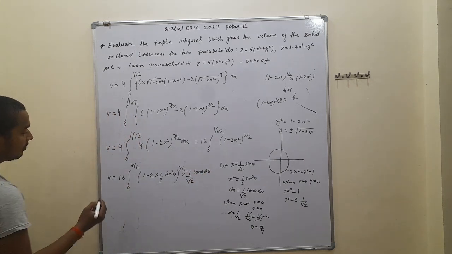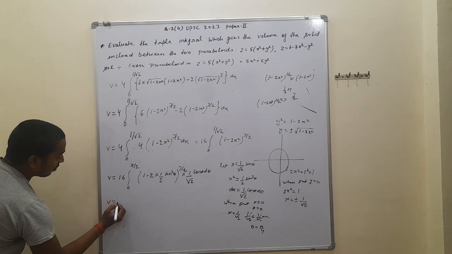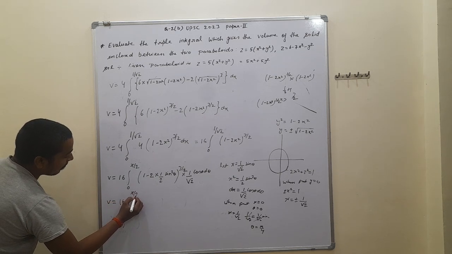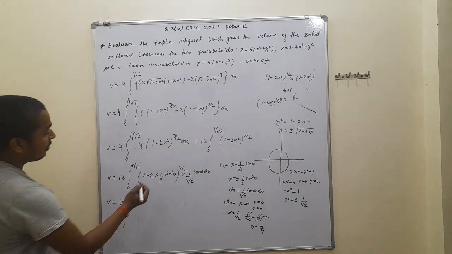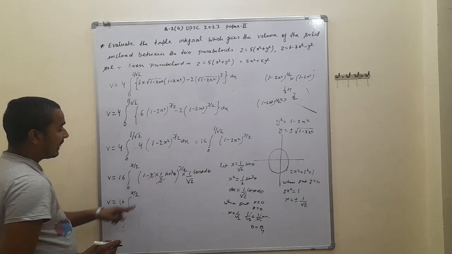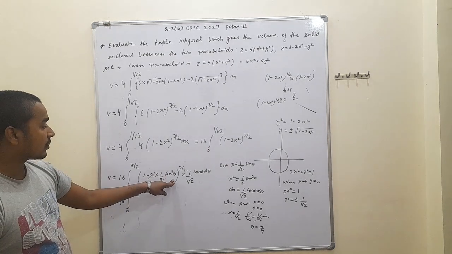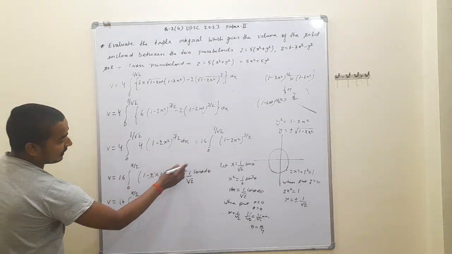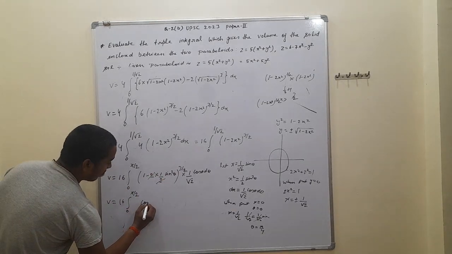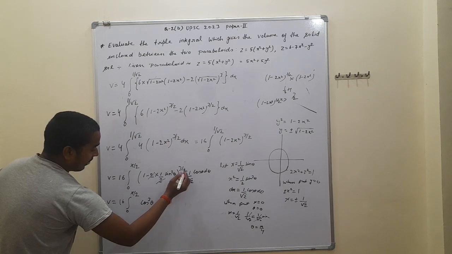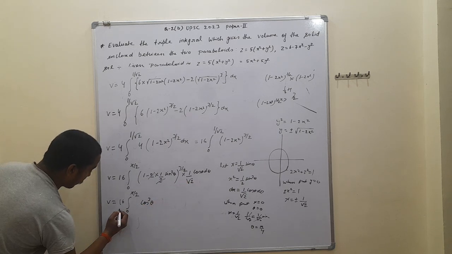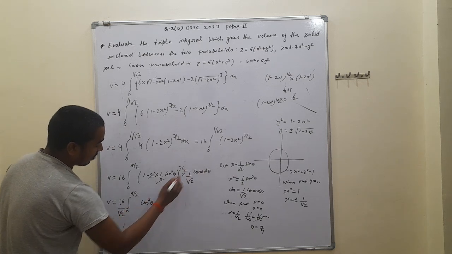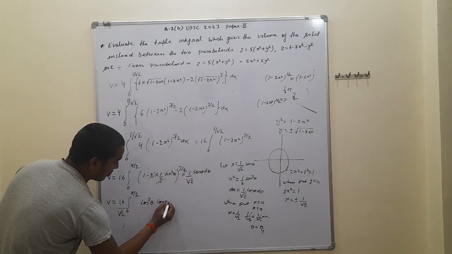Further we have to solve. Volume is equal to 16 times the integral from 0 to pi by 2. Here 2 and 2 cancel out, and 1 minus sin square theta is cos square theta. Taking the power 3 by 2, that is cos cube theta, and taking 1 by root 2 common outside, with cos theta already present, cos theta d theta.